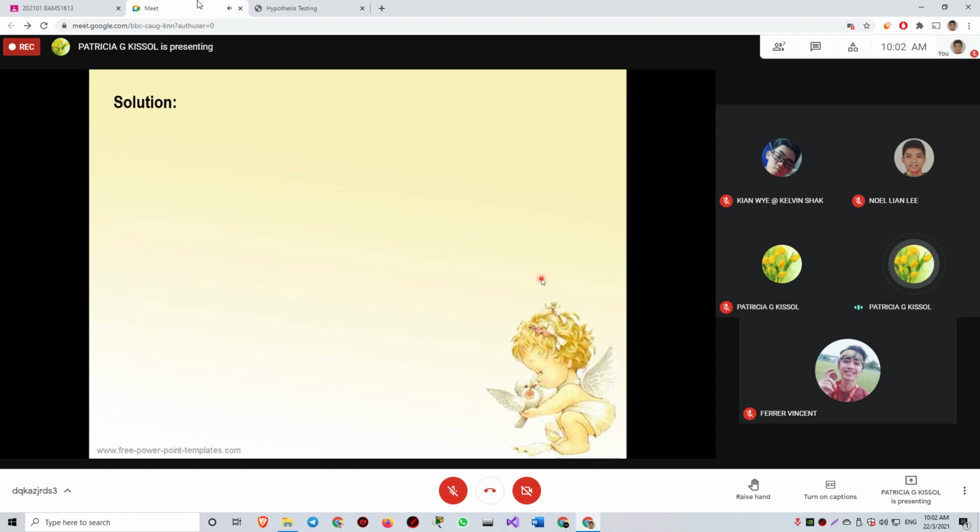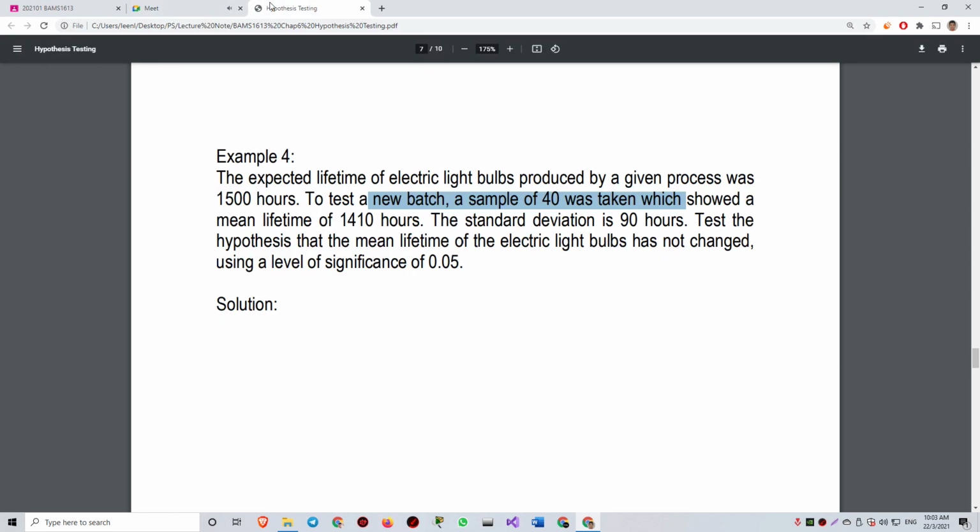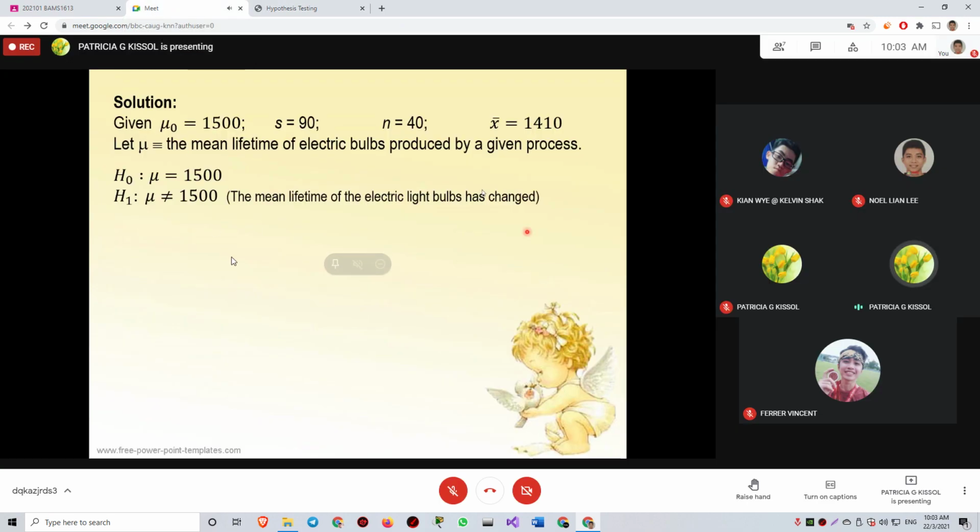So if you check all this information, I bet you guys know already how to jot it down. What is the random variable? It's the lifetime of electrical light bulbs. And therefore, the null hypothesis is mu equals 1,500. Has changed means mu is not equal to 1,500.